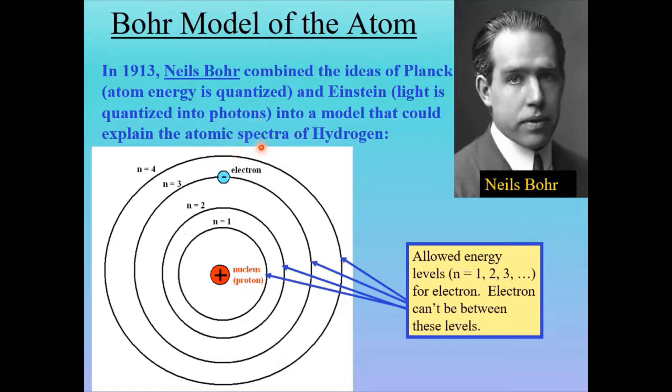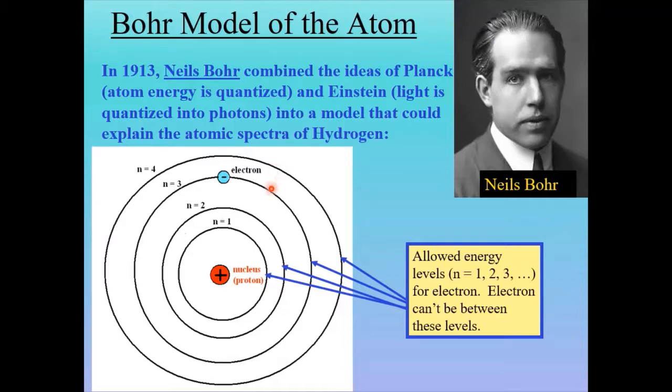So what Bohr proposed is that the electron has to be on one of these steps, just like our staircase example. If you have a ball on a set of stairs, the ball has to be sitting on one of the steps. It can't be in between steps. The same thing holds for the electron.